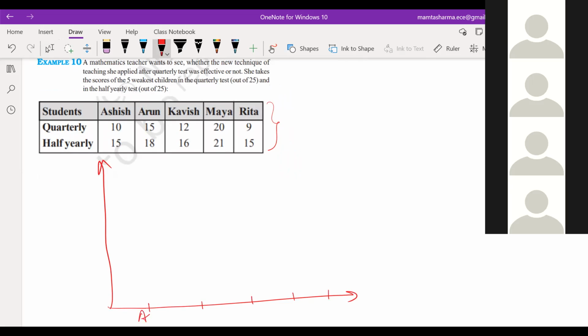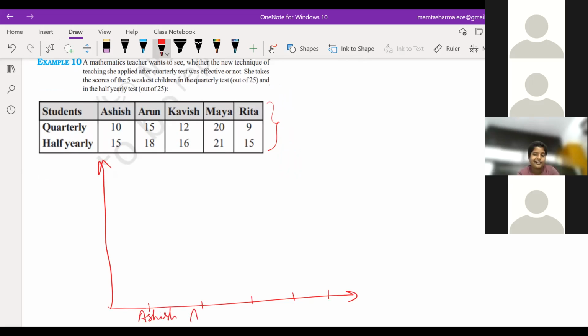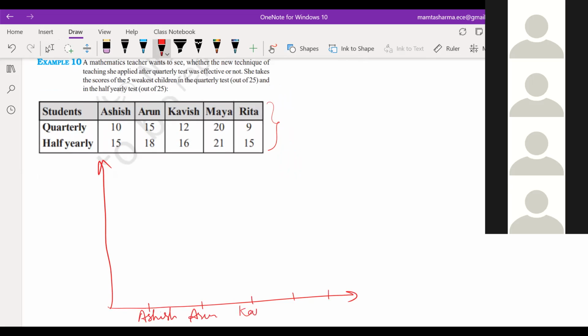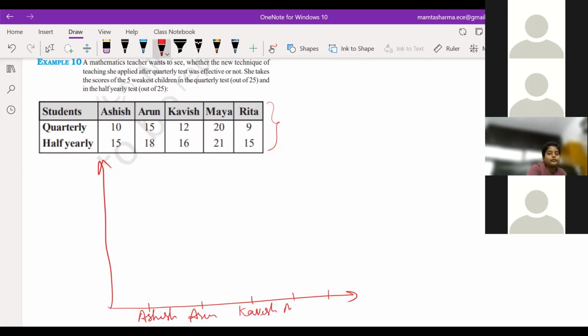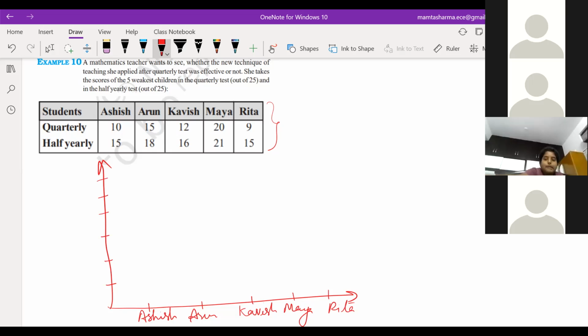This is Ashish, Arun, Kavish, Maya. I am plotting the rough one. You take the exact scale, and I am taking the scale as 1 unit equal to 5 students: 0, 5, 10, 15, 20, 25, 30.